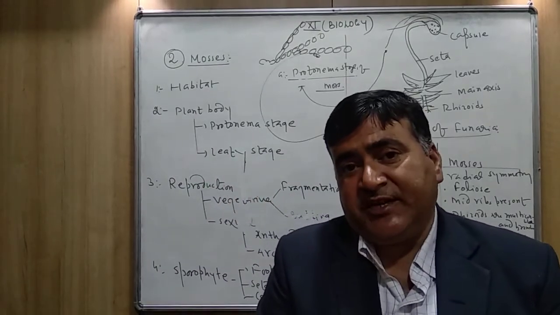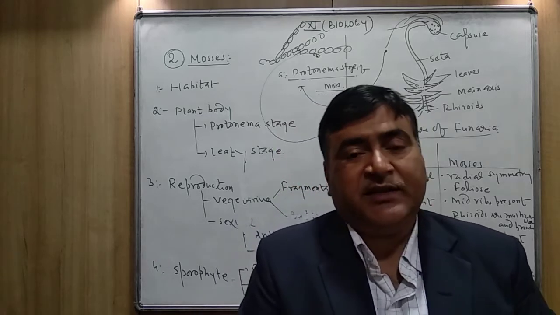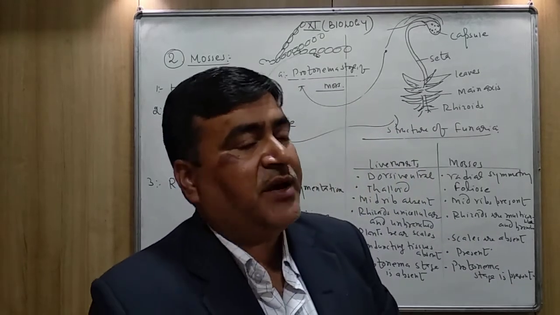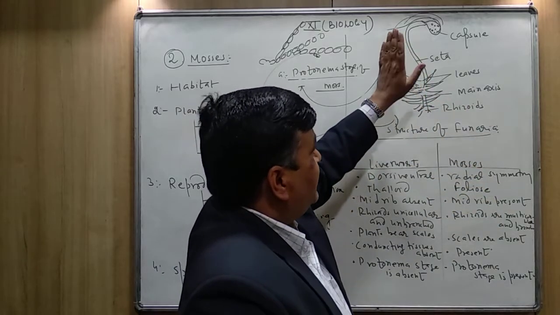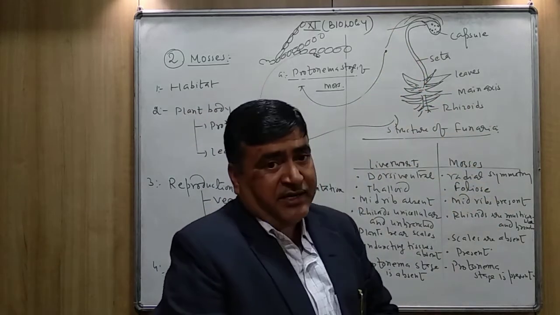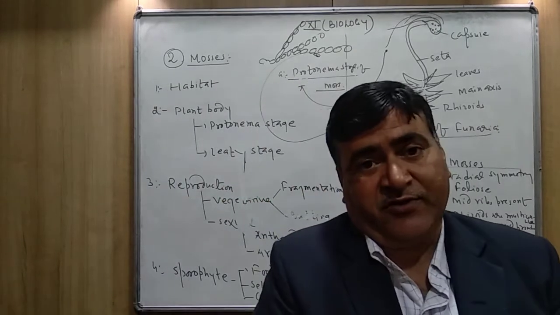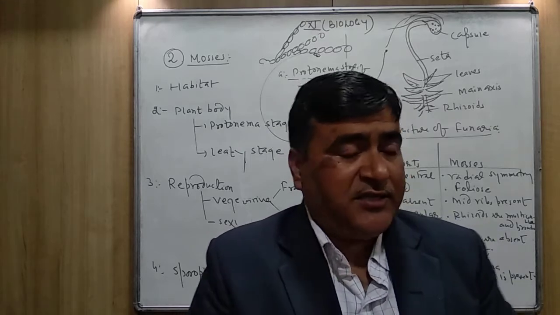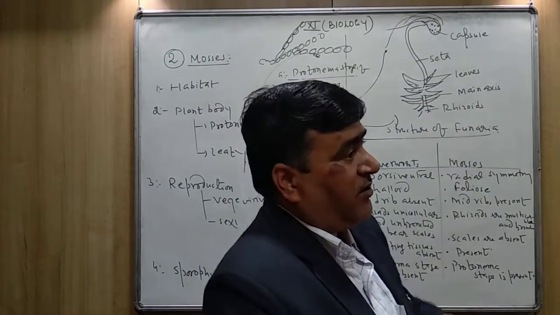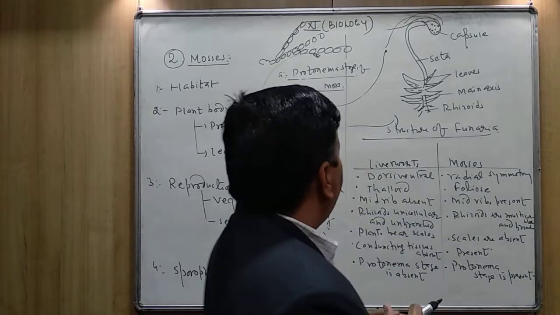The protonema stage we can observe under the microscope, but the leafy stage we can see with our naked eye. This is the advanced stage, and it is the main stage present in our surroundings also.